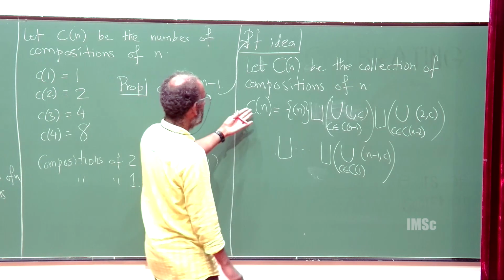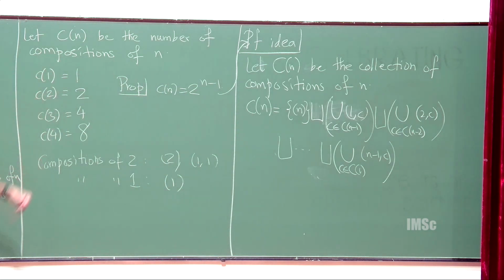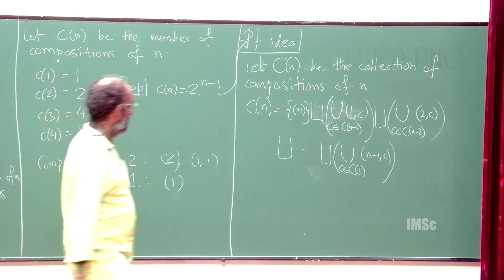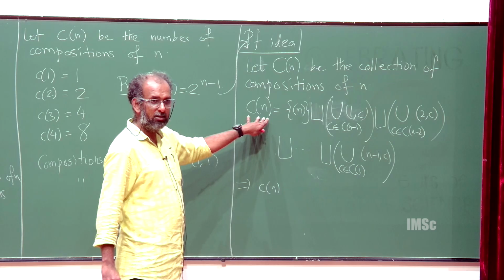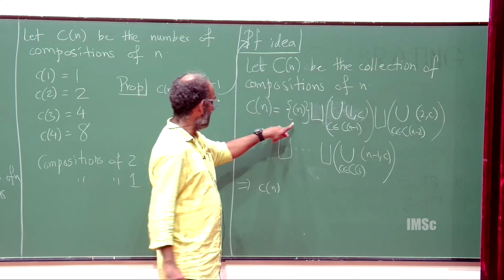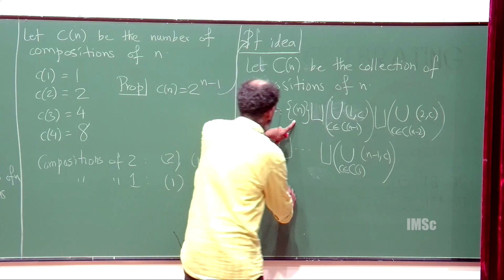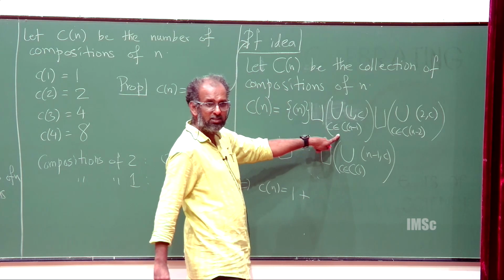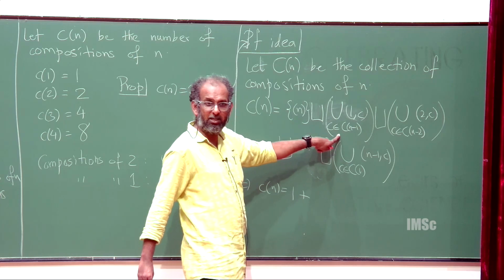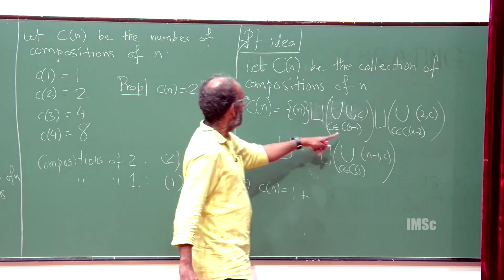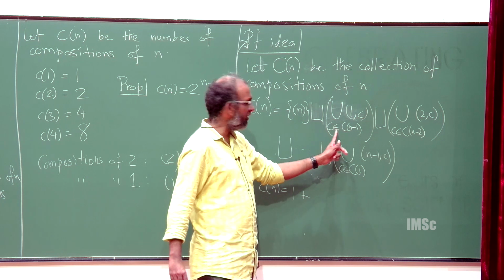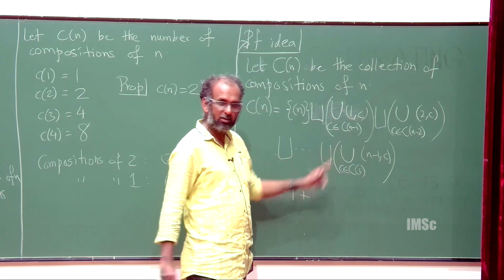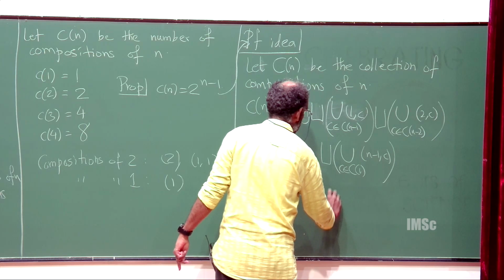So what will this imply for small c of n? Small c of n is the cardinality of this, the size of this, that's the left hand side. What is the size of the right side? 1 for each composition, so c of n minus 1, because we are counting exactly one composition for each composition of size n minus 1.